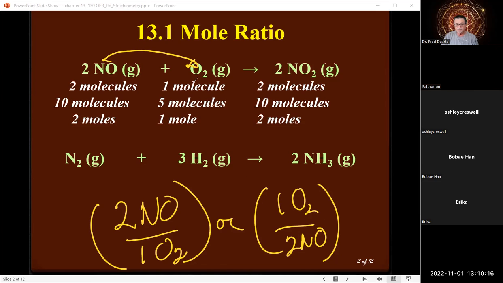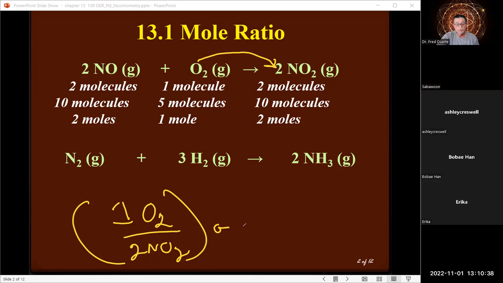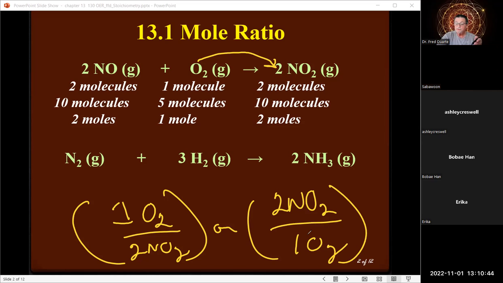And that relates the 2 reactants, but we can also find the relationship between, say, oxygen and the product. And that is 1 oxygen to 2 nitrogen dioxide, which you write in that manner, or just simply inverted. Which one we utilize depends on the question being asked.